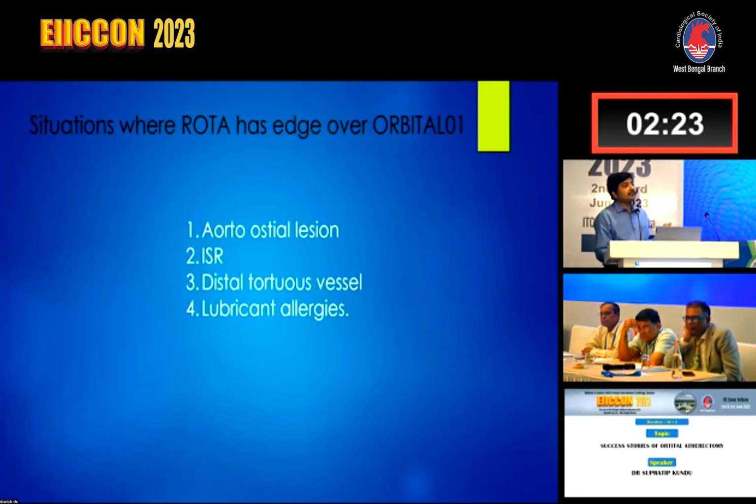Second thing is ISR. In those cases, only rota is approved. Third is the distal tortuous vessel. In case of distal tortuous vessel, due to guide wire bias, rota is preferable. And fourth, as lubricant is an important component of orbital, in case of lubricant allergies, you can't use orbital.